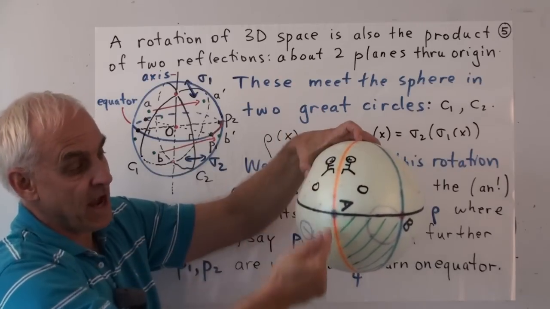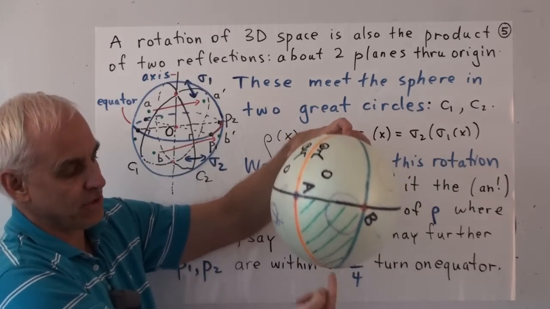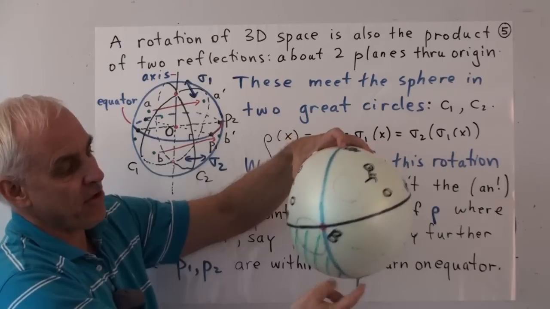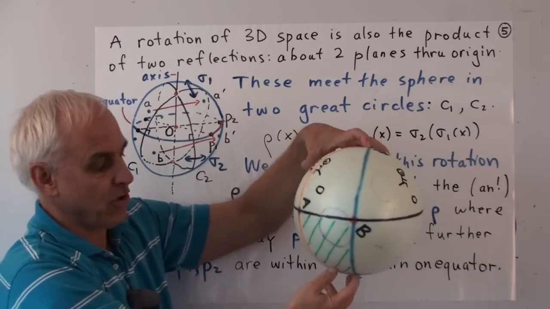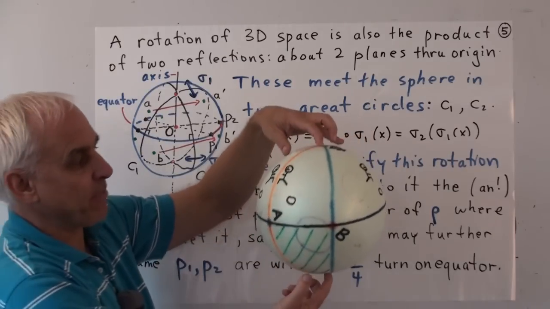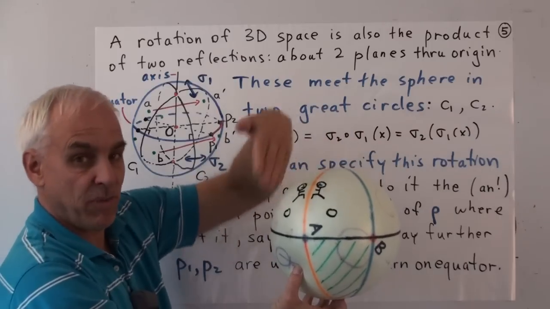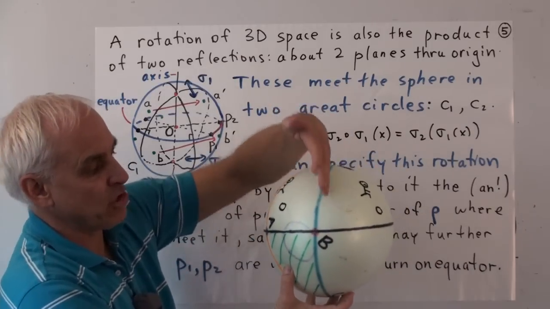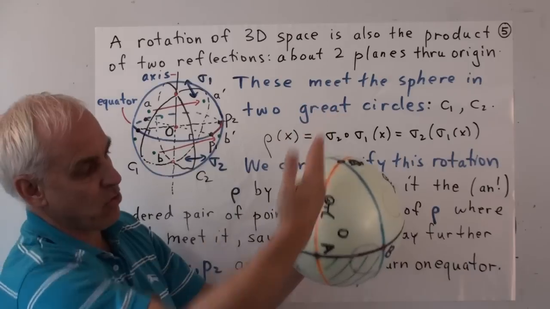One of the planes is cutting the sphere along this orange great circle, which goes through our north and south poles, and the other one cutting the sphere along this blue great circle. And I want to consider what happens if we reflect first in the orange plane, followed by reflection in the blue plane.